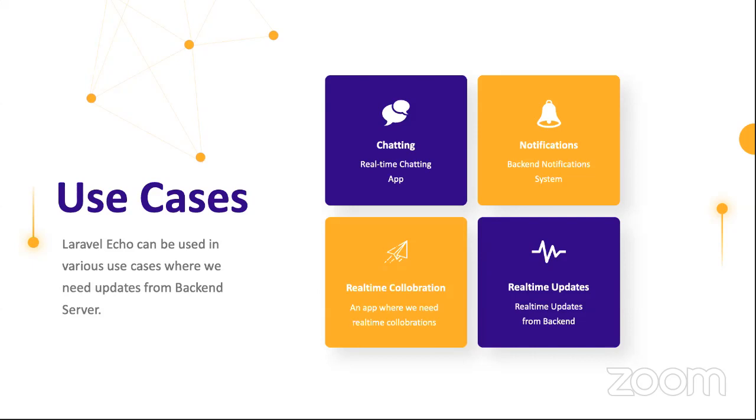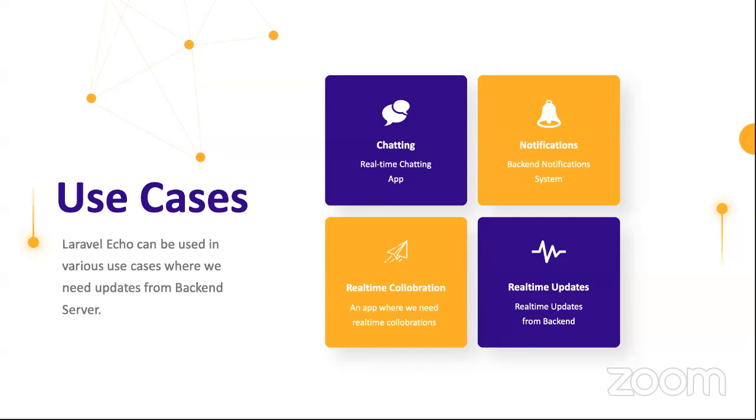Other than that, it can be real-time updates. We all know we are now making dashboards, but there are dashboards where lots of data is coming in on the back end, say from IoT devices, or a stock chart, or prices of cryptocurrencies or currencies, where we need to update the chart in real time.